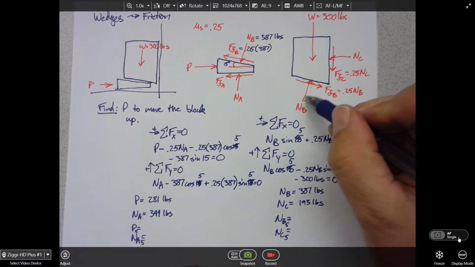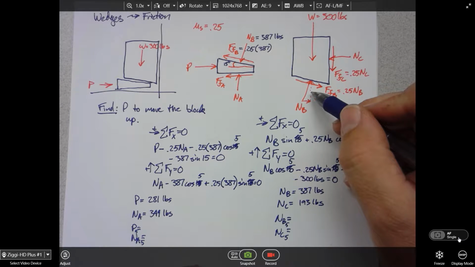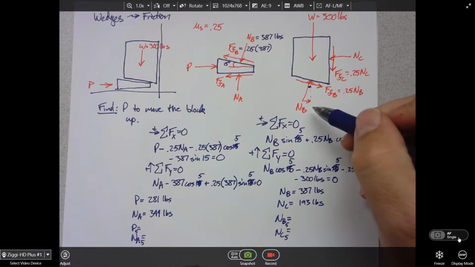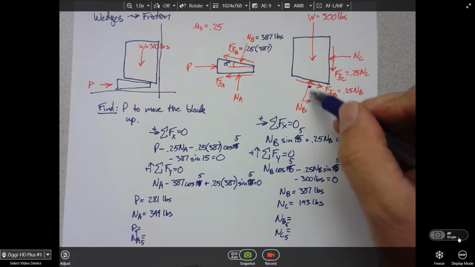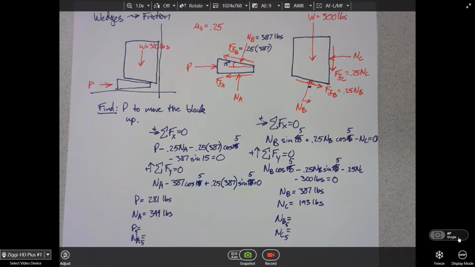And so I say, well, I'm looking for the vertical piece of this, which is big, so that's going to be the cosine, right? Because this is 5 degrees, and I know that the cosine of 5 degrees is much greater than the sine of 5 degrees. And I know I'm looking for the bigger leg, so I say cosine if I'm looking for the vertical piece.